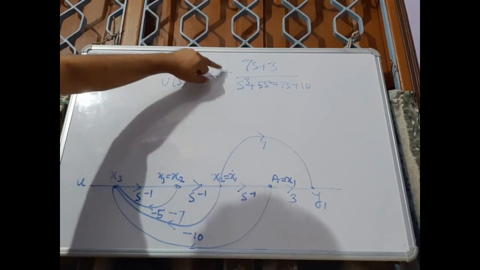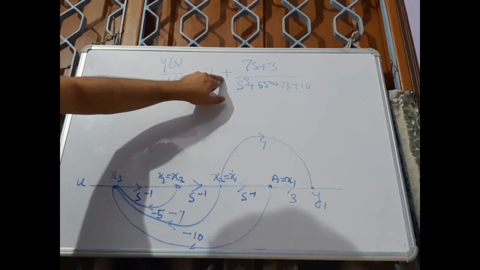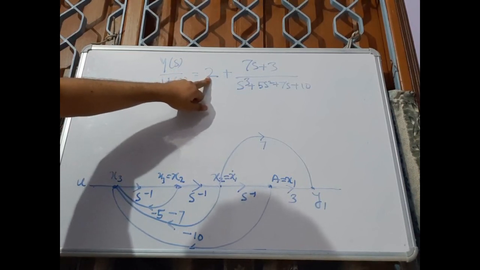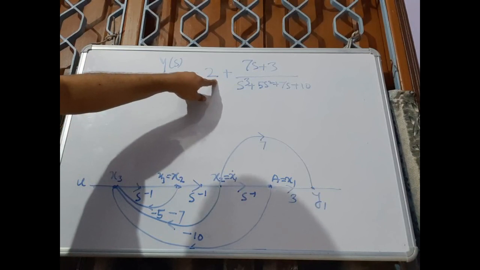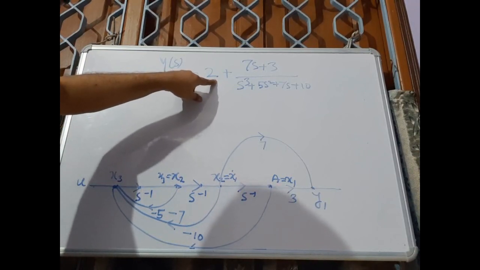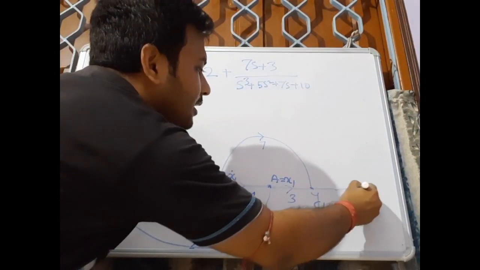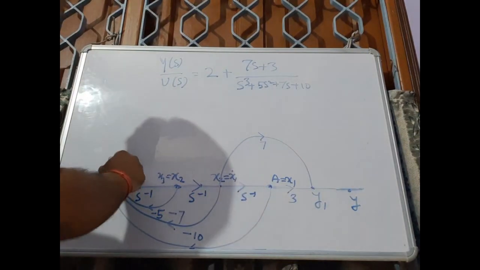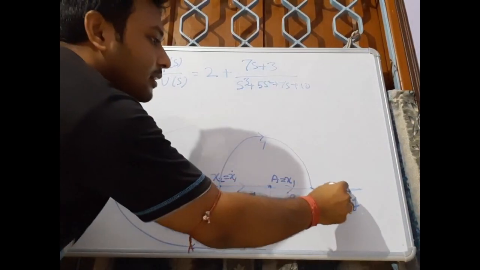This is actually the input-output interconnected value, because Y(s) equals 2U(s) plus the other part, right? So if I put here y, we need to just multiply here.